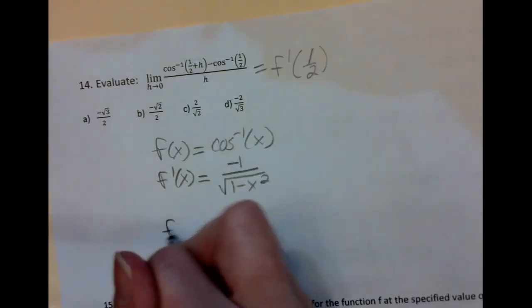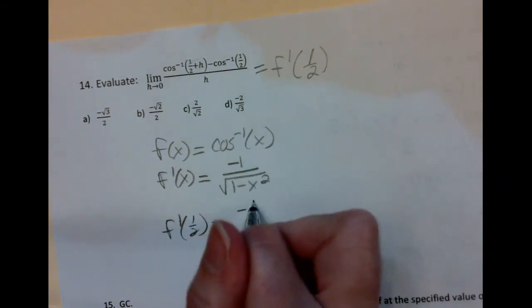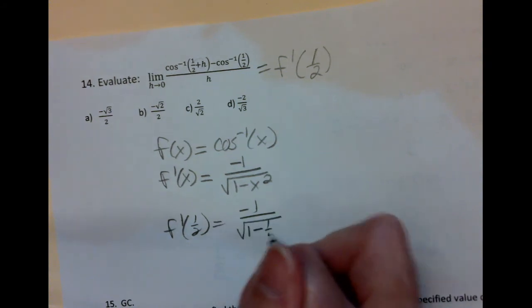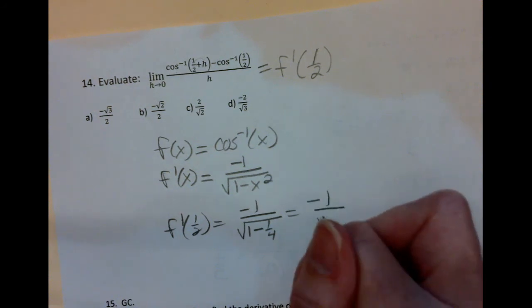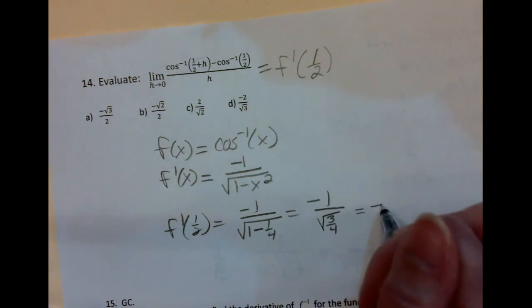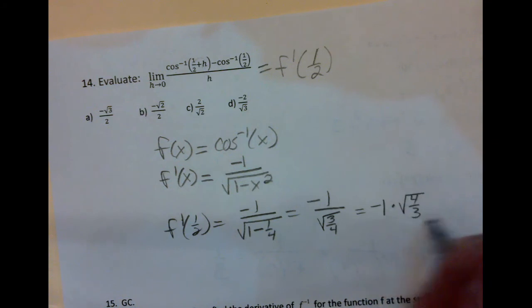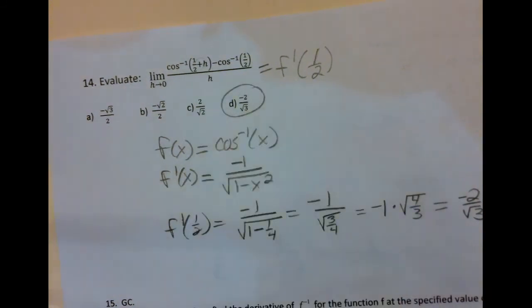We want the derivative at 1/2, so I have -1 over square root of 1 minus 1/4. That turns into -1 over the square root of 3/4, which is -1 times the square root of 4/3, flipping, which is -2 over root 3, choice D.